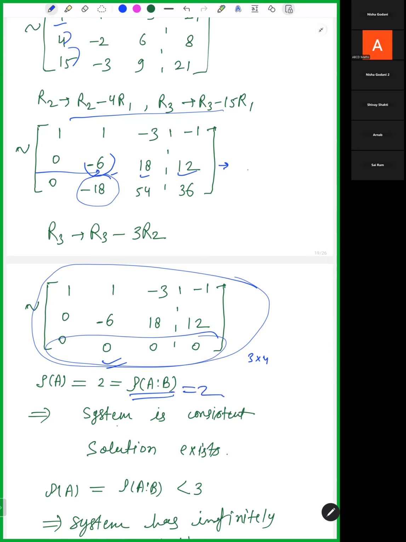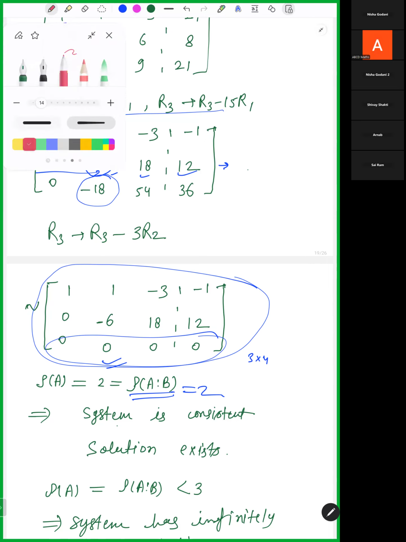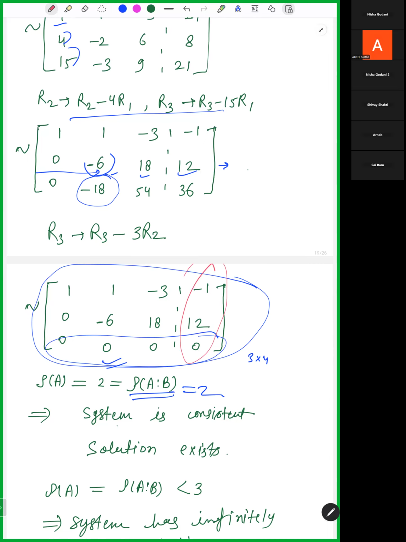Now if you hide this last column of B and see only A, matrix A also has rank 2 because it has two non-zero rows. So rank of A is 2, rank of the augmented matrix is 2, both are the same. This means the system is consistent, a solution exists.